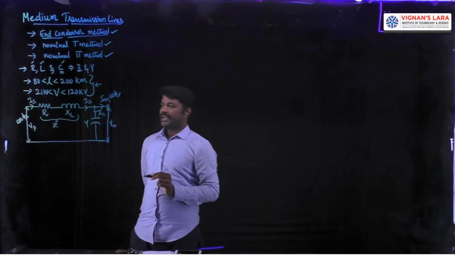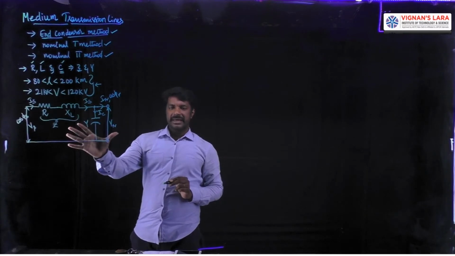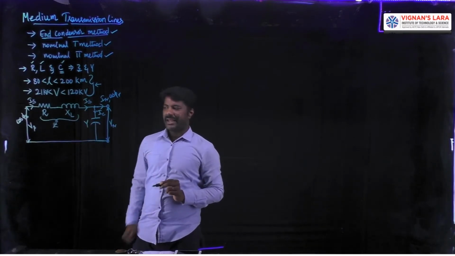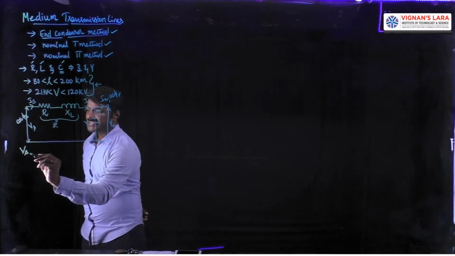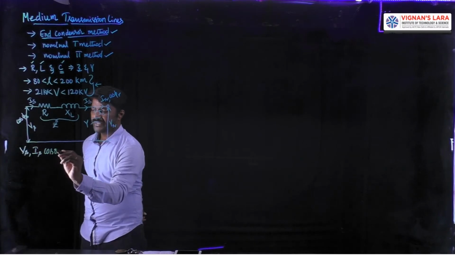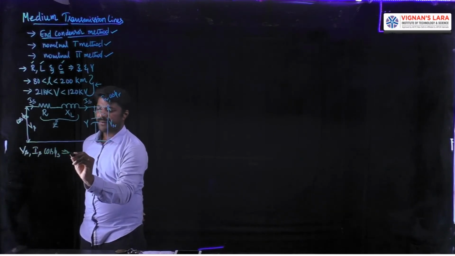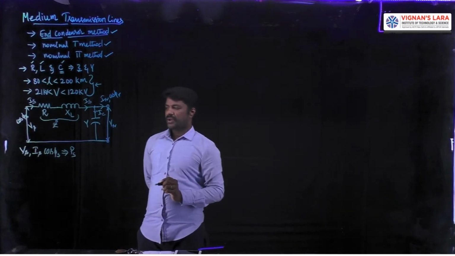Observing clearly, again there are 9 quantities present in this network. On the sending end side, the voltage Vs with a current of Is and power factor of cos phi s gives us a power Ps, which is equal to Vs Is cos phi s.